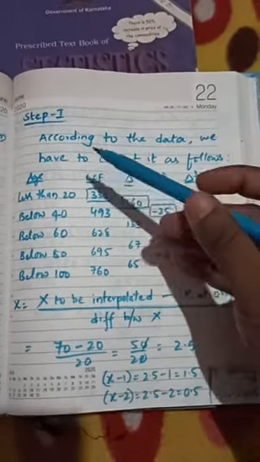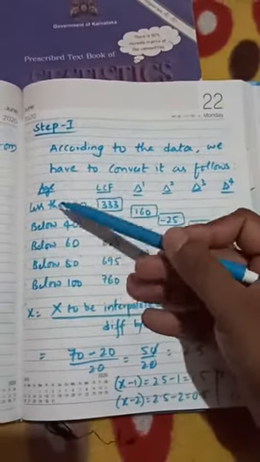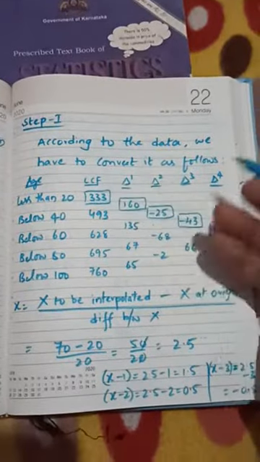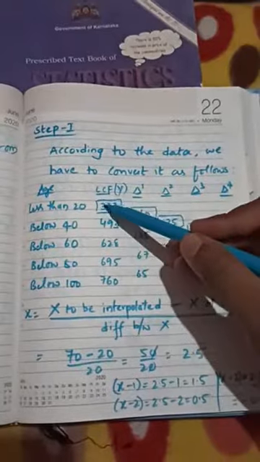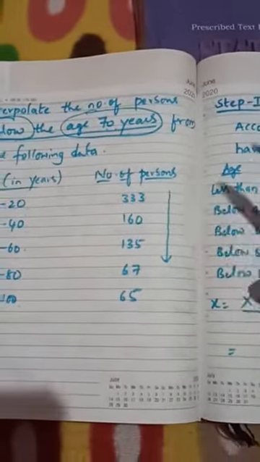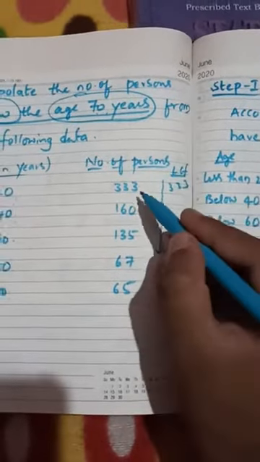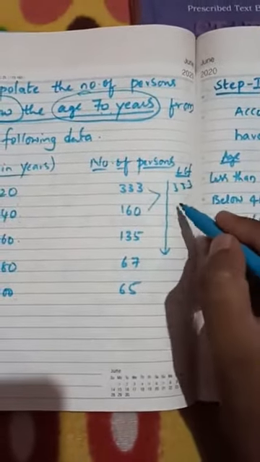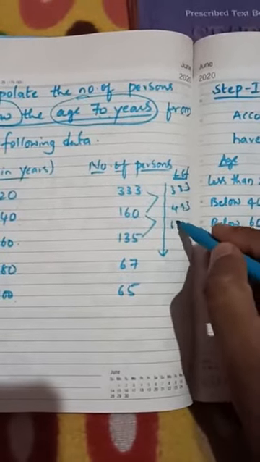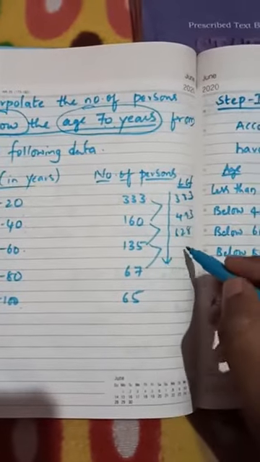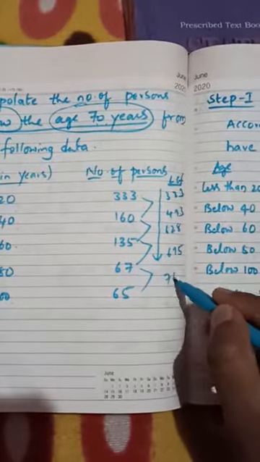Now, the frequencies are normal frequencies. What we have to do, whenever the data is in less than kind, the frequencies also should be in LCF mode. Right? So the data 333, LCF conversion, how will it be? 333, again 333 plus 160, 493, 493 plus 135, 628, 628 plus 67, 695, 695 plus 65, 760.